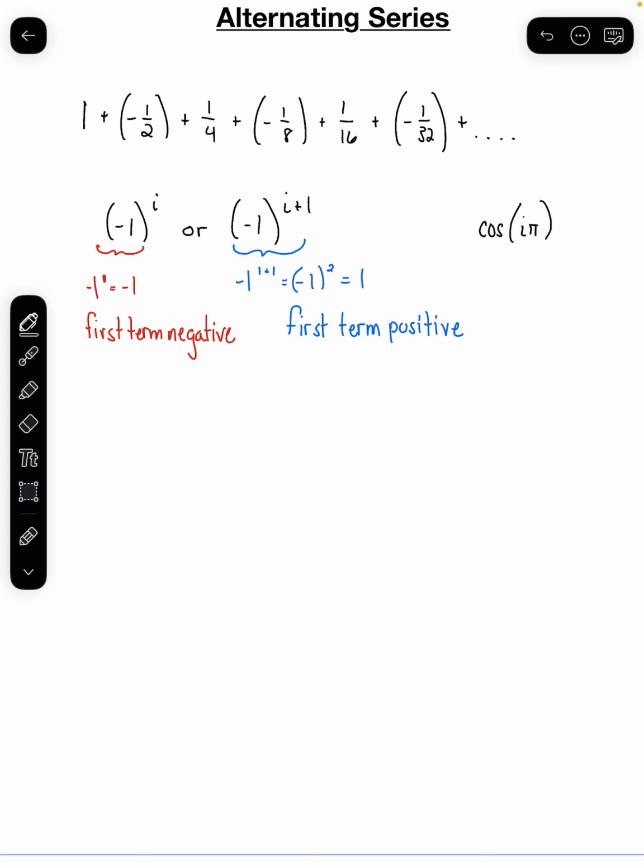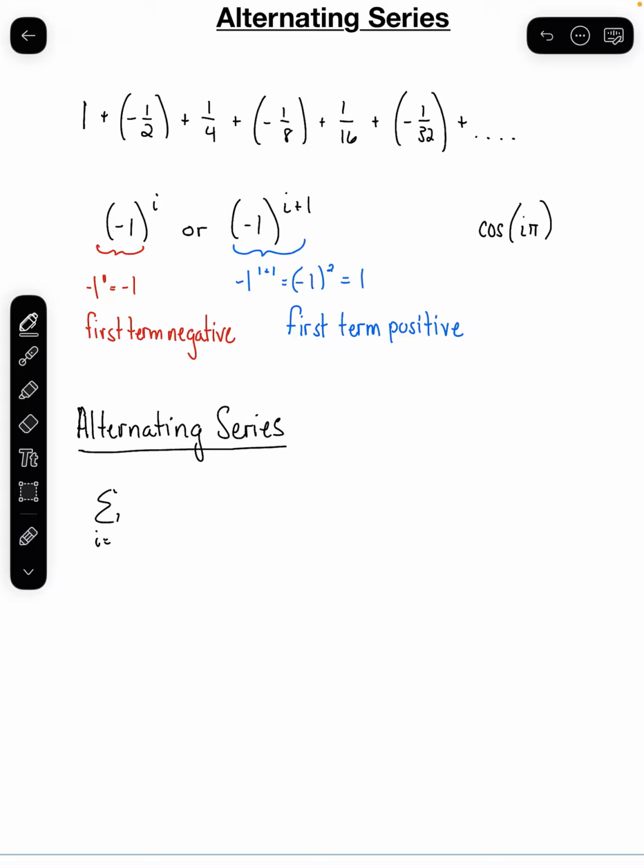Now, the alternating series is going to work a little bit differently than the other series that we've dealt with. So let's look at some of the mechanics of it. First of all, is going to be the idea that we can separate the idea of the alternating sign from the actual value of the term itself.